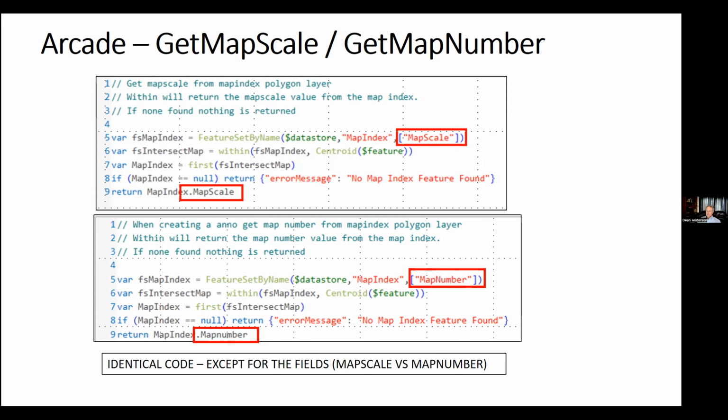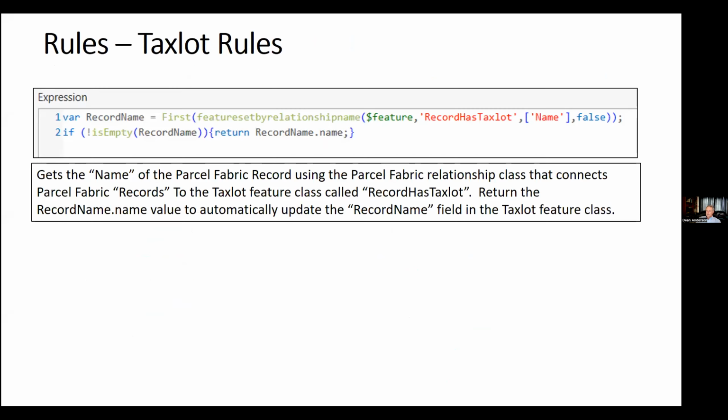But for $datastore, you want to know that it's actually the name of that feature class or service. It's not necessarily what it says in your table of contents. It's the actual name. And that's important. Good point, Dean. Thank you. And $map doesn't work for all functions. So again, there are some interesting things there.